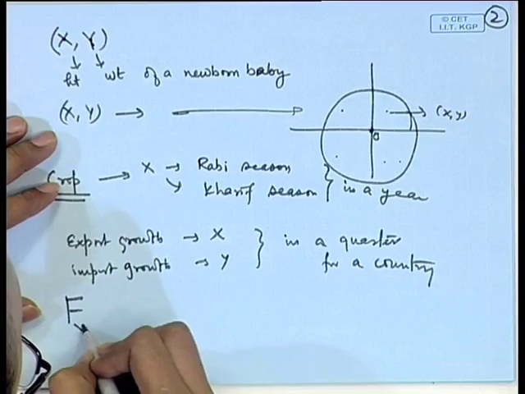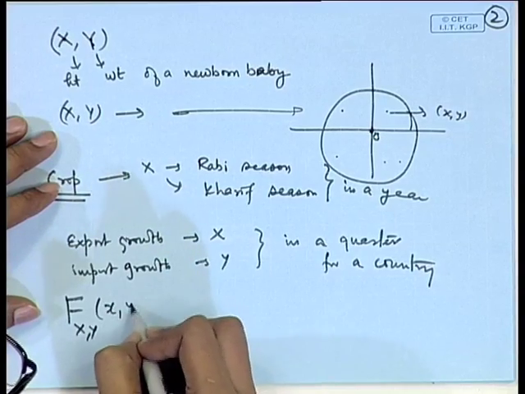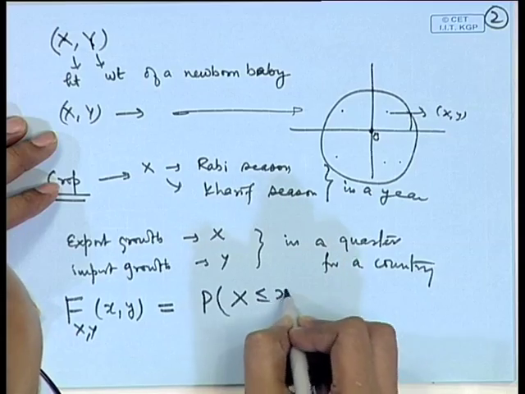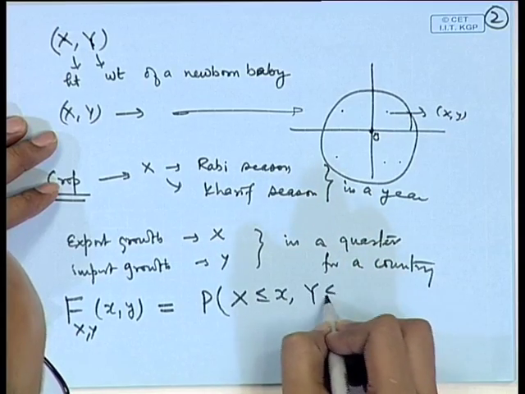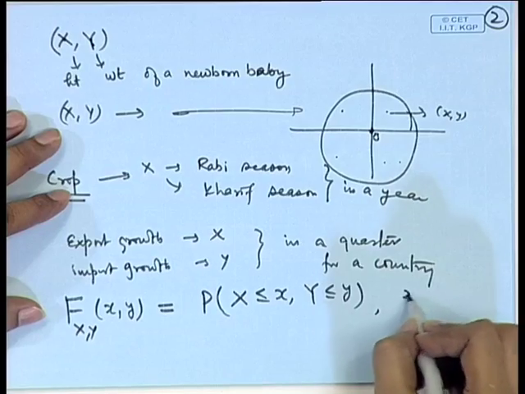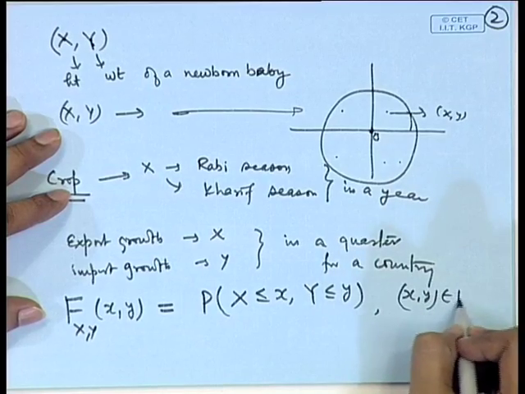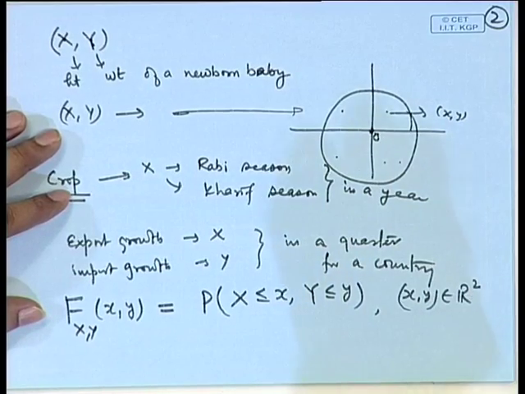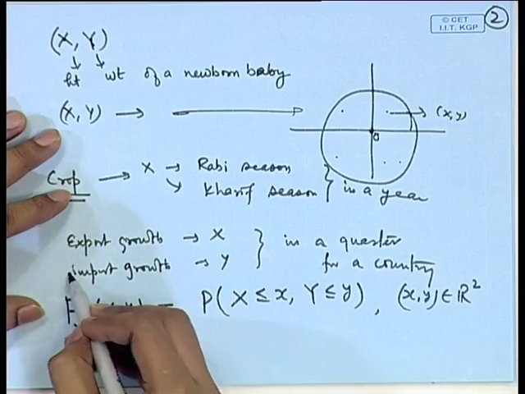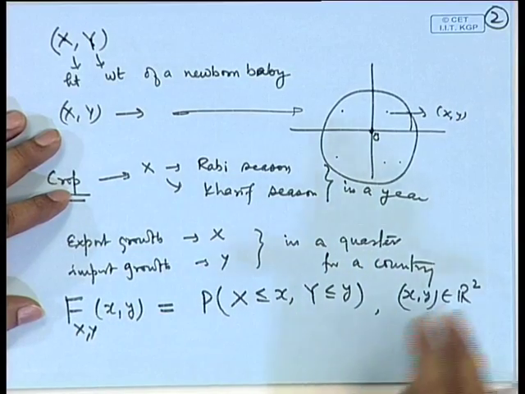However, one may make use of the joint CDF, that is, probability of x less than or equal to x, y less than or equal to y. This is defined for all (x, y) in the two-dimensional plane. We will look at the properties of this CDF later on.